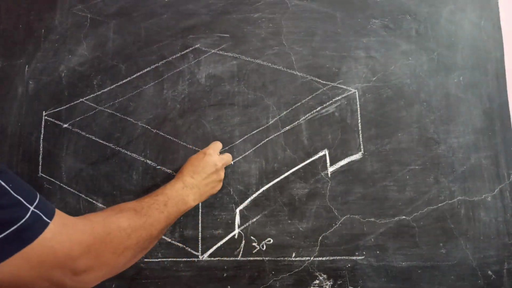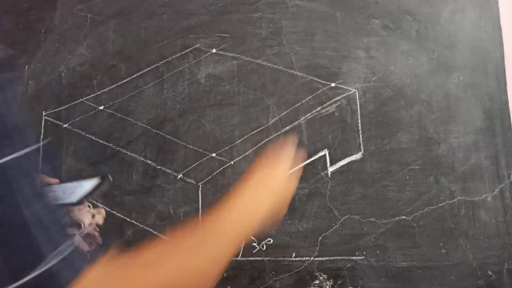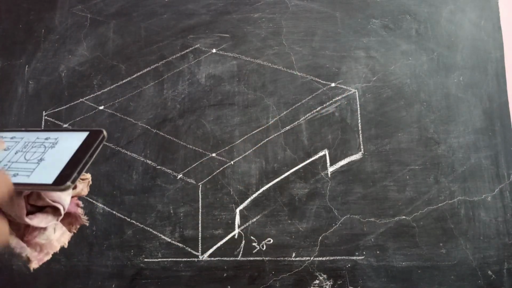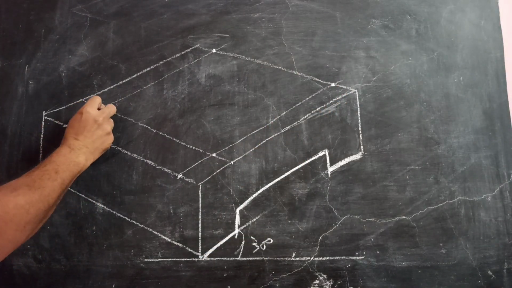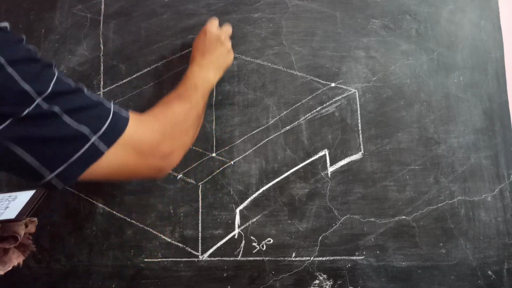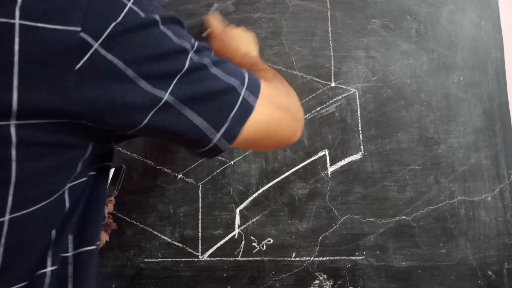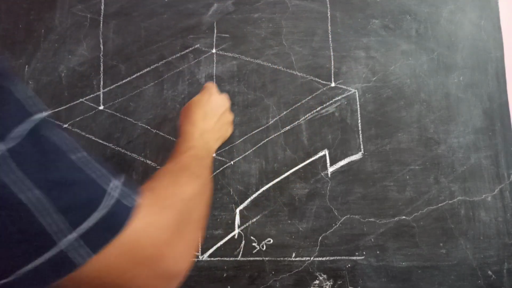So this is 40 by 40, so the height is also 40, so you can extend this by 40, all these by 40.